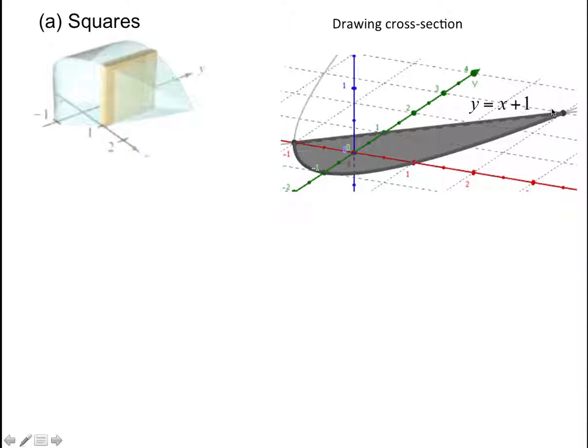And the bottom is going to go from the top curve, which is the function y equals x plus 1, to the bottom curve, y equals x squared minus 1. So we start by drawing a line segment from the top to the bottom, and that should be parallel to these grid lines here.